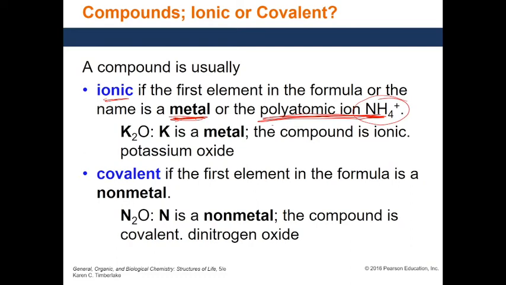Then we have covalent compounds. Covalent compound basically means molecular compound, where the only elements present would be non-metals. So you can identify if a compound is ionic or covalent based on this. If the first element is a metal or ammonium, it's ionic. If the first element is a non-metal, it is covalent.